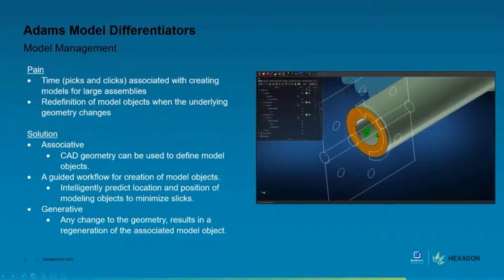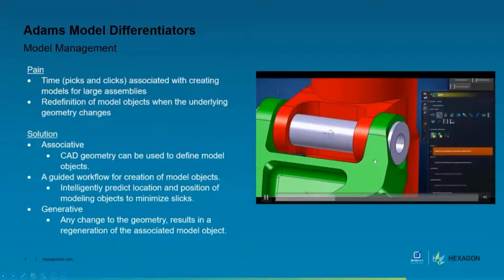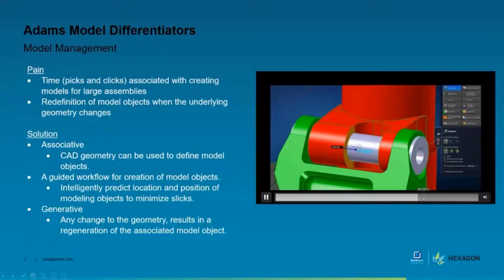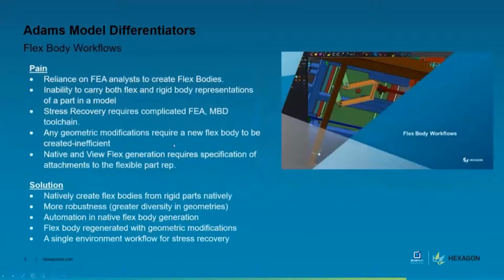So it has a guided workflow for creation of model objects, and any change to the geometry results in generation of the associated model object. Like you can see here, we can quickly pick the surfaces, drag it, and then add the thickness here, and then we see how it is reflecting in terms of the load generation, and also it gives more flexibility.